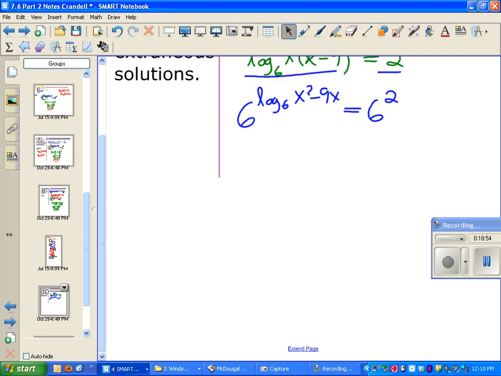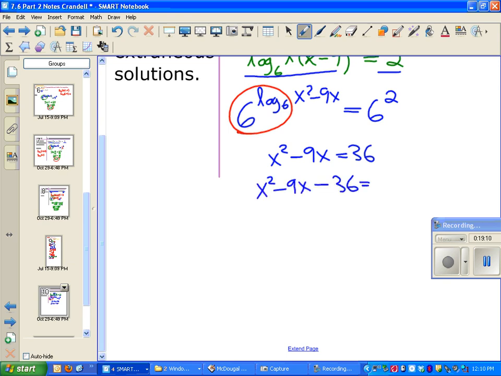All right, do you guys recognize the inverse? Hopefully right there. So that's the inverse. So I just get x squared minus 9x equals 36. And then I'm going to subtract 36 from both sides. So I get x squared minus 9x minus 36 equals 0. All right, looking for something that subtracts to negative 9.